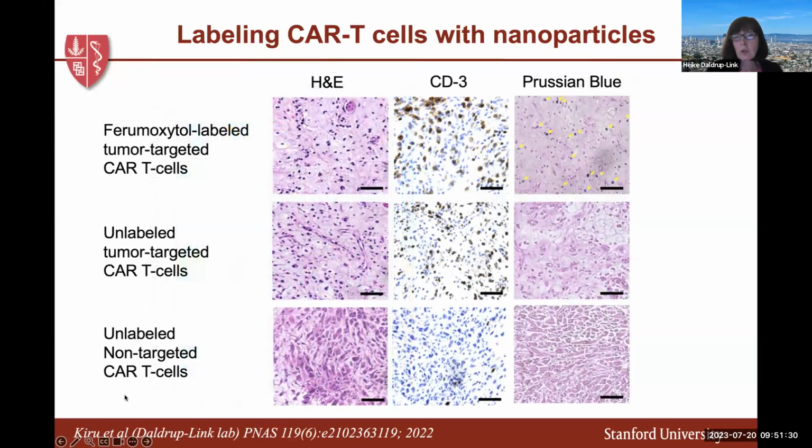And we then showed with histopathology that indeed these tumors that were treated with ferumoxytol-labeled tumor-targeted CAR T cells showed an accumulation of CD3 positive T cells in the tumor tissue, and they also showed Prussian blue positive cells in the tumor tissue, and control tumors did not.